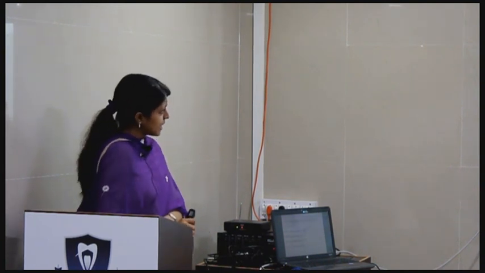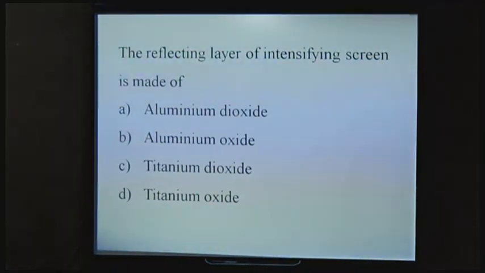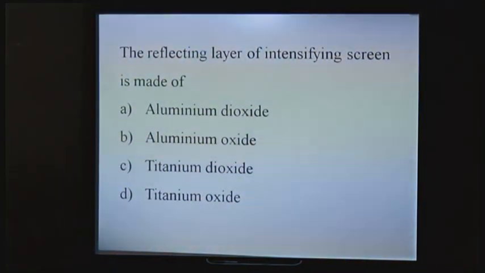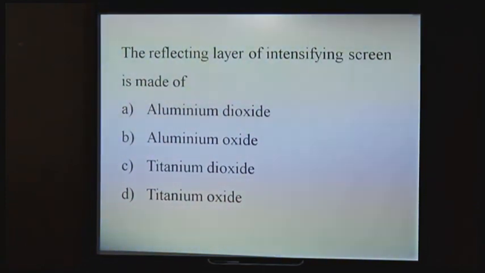The reflecting layer of an intensifying screen is made up of, what are the parts of an intensifying screen? You have a front cassette, you have a back cassette. The front portion is a plastic, back portion is a metal, and then you have the film inside here. So that has various layers.